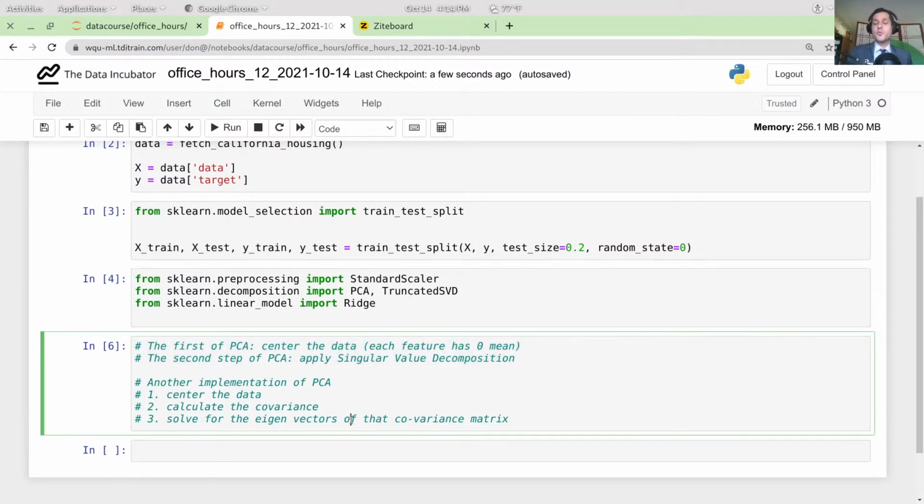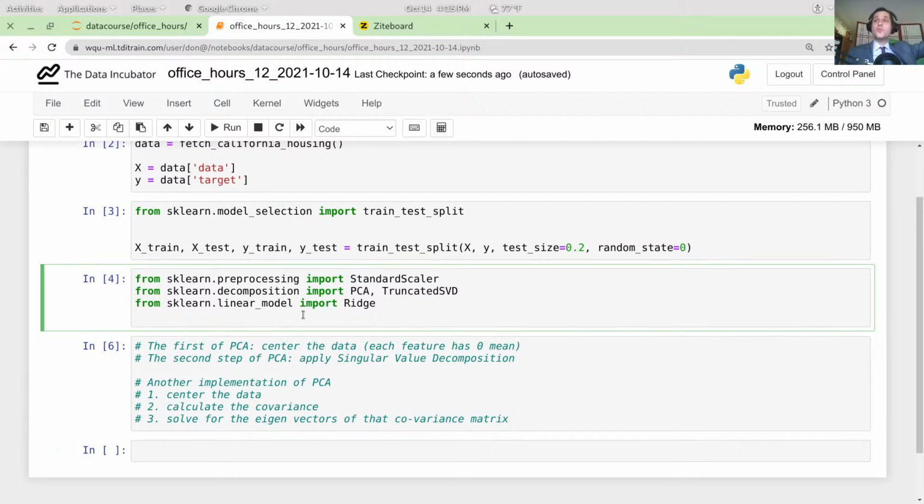Any questions up to this point here before we go into truncated SVD? Okay, do let me know if there's any questions right now, but I'm going to recap.